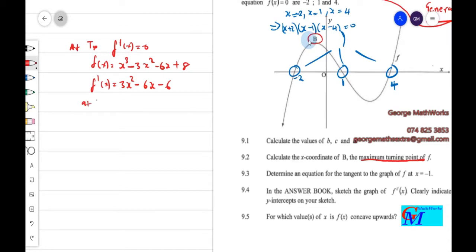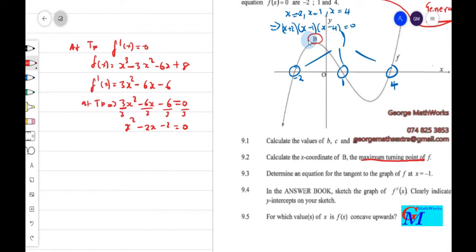Now at a turning point, we said that 3x squared minus 6x minus 6 should be equal to 0. Here we are dealing with a quadratic equation. I can simplify this by dividing everything by 3, since 3 is a common factor for all. Now it becomes x squared minus 2x minus 2 equals 0.